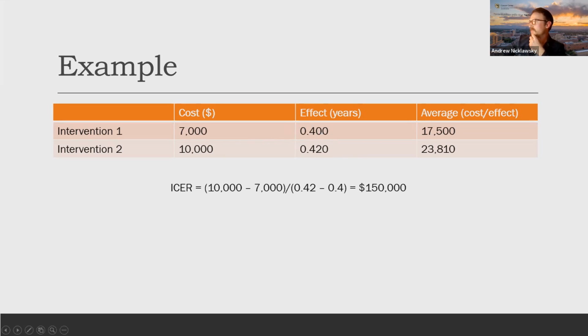So the average cost per unit of benefit is not informative, and it's not the relevant comparison. It's $3,000 more, but it only provides 0.02 in effect. So that's a lot of money to gain just a little effect.